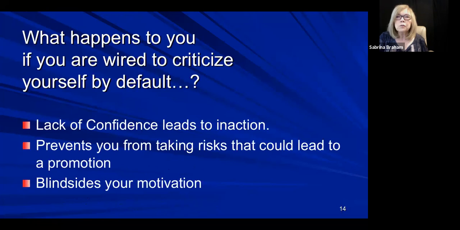It prevents you from taking risks to get a promotion, and especially for women, and there are 2 men on the call today, but what you find is that women tend to not take risks. They aren't trained to take risks, and if you don't take risks, you won't be successful, and you will not get promoted. So it really blindsides your motivation and moving forward.